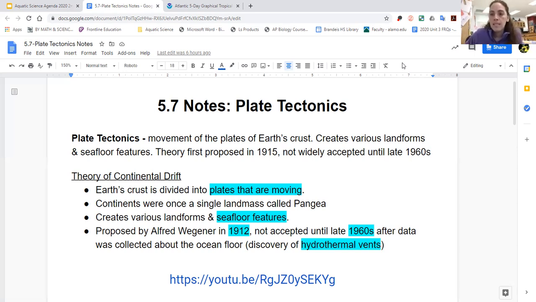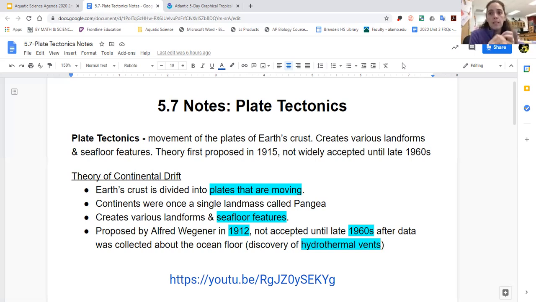However, this idea was not really accepted and not considered a scientific theory until the late 1960s. Additional data that didn't exist when Wegener was alive was needed. We needed increased technology in order to see the ocean floor and to travel down there.